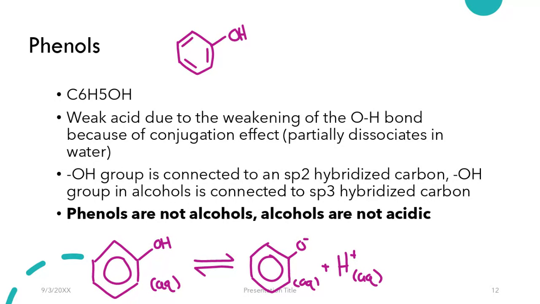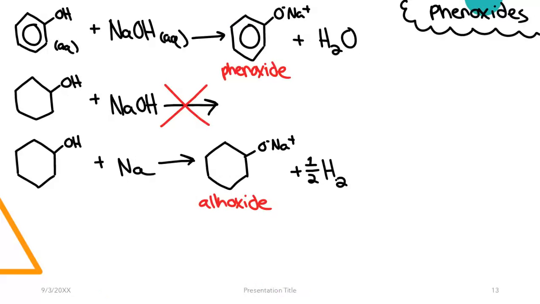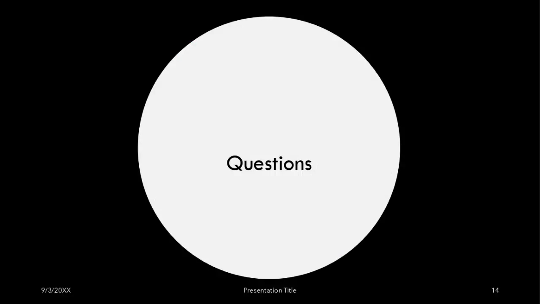So it doesn't have to just be this aromatic ring. If it's connected to anything that's an sp2, now depending on what it's connected to, it might not be considered a phenol. Right. But if it's connected to anything that's not sp3 hybridized, then it's not an alcohol.